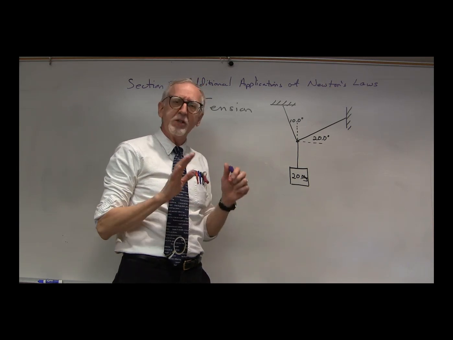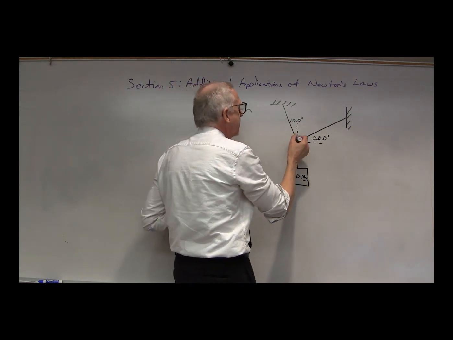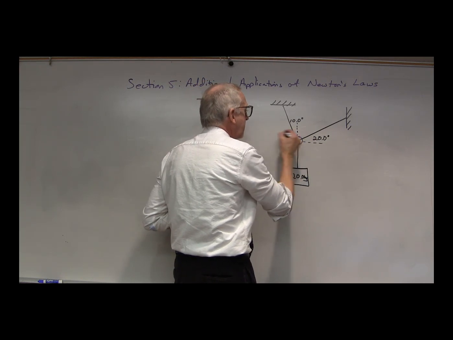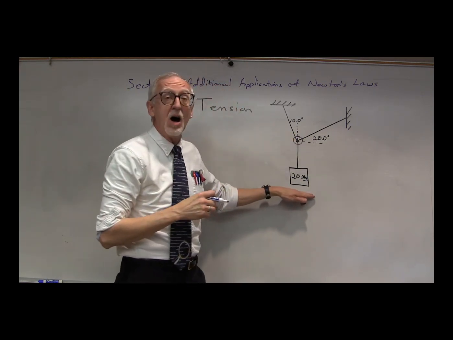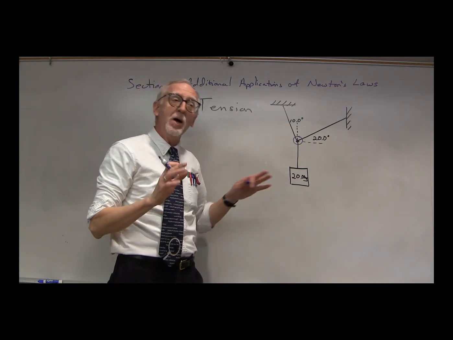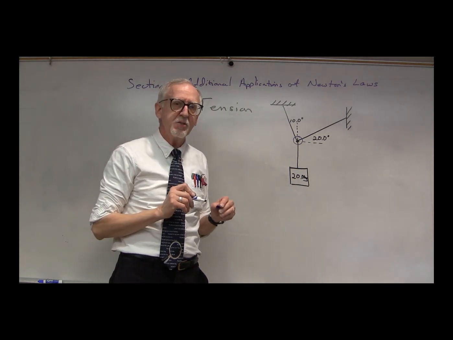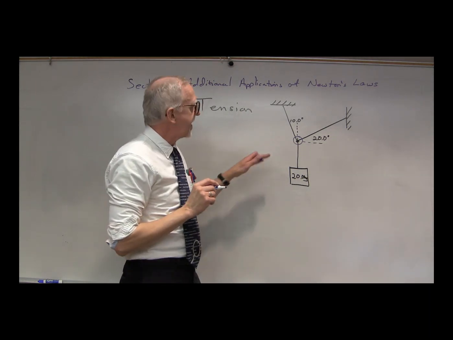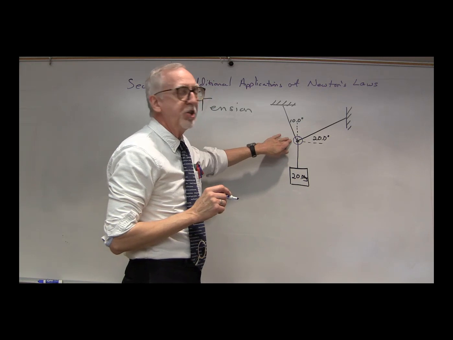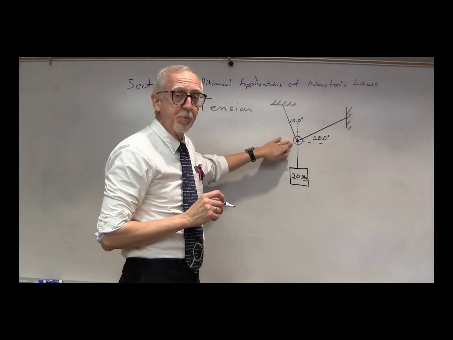Well, let's think about what's going on here. What we're going to do is actually focus on this point right here. You might think, well, isn't our object of interest in this case the 20 kilogram mass? Well, to start with, it will be to get one of the tensions, but what we're going to do is actually come up here and look at how all three tensions are acting at this point.